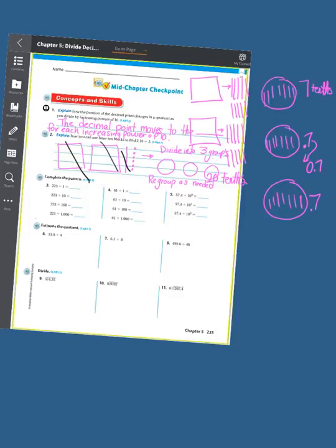But then I need to divide up the hundredths. I have 6, so I'm going to evenly divide those: 1, 2, 3, 4, 5, 6. So I have 0 ones, 7 tenths, and 2 hundredths. So the answer would be 0.72 hundredths.